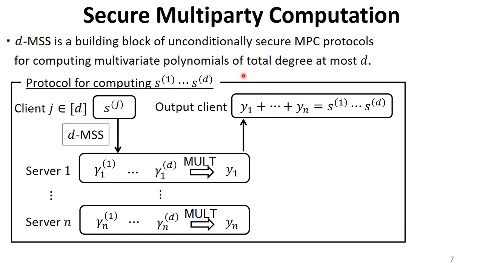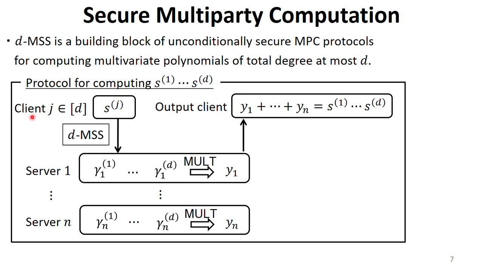D-multiplicative secret sharing can be used to construct unconditionally secure multiparty computation protocols for computing multivariate polynomials of total degree at most d. So I show a simple protocol for computing the product of d secret inputs.